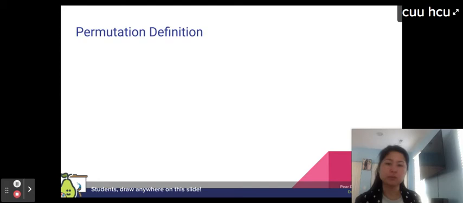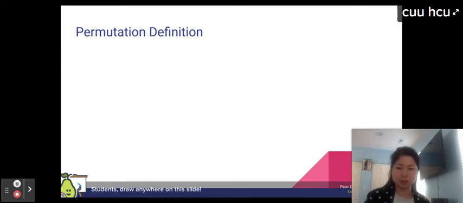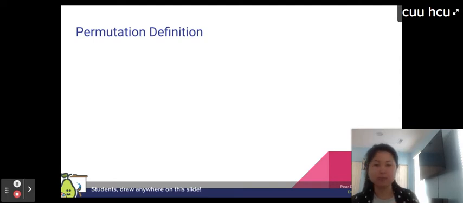That's what factorial means. Or for example, if I do 5 factorial, meaning 5 times 4 times 3 times 2 times 1. So you put in your calculator, 5 times 4 is 20, 20 times 3 is 60, 60 times 2 is 120.